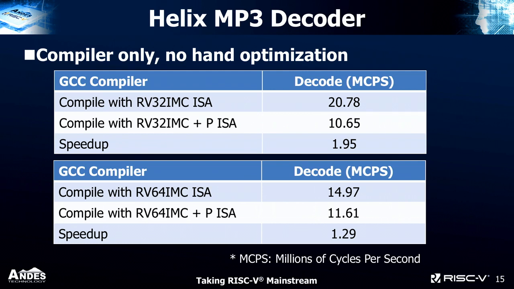This time, we wanted to try the power of the compiler without hand optimization, using only compiler optimizations. For RV32, it has a 1.95 speedup, and RV64 a 1.29 speedup. Why is RV64 smaller? Because the Helix MP3 decoder uses 64-bit data types, so those 64-bit operations are already naturally covered by RV64.